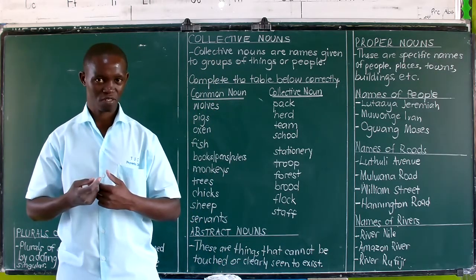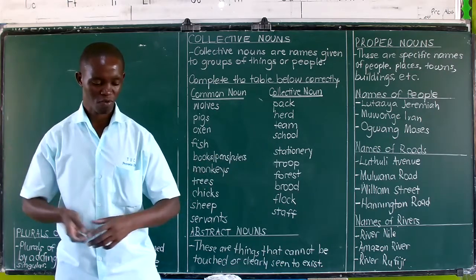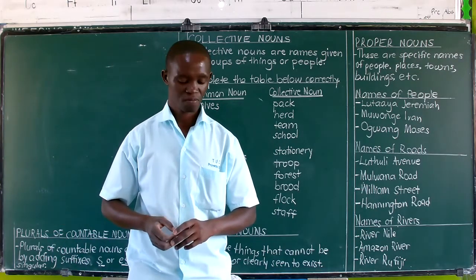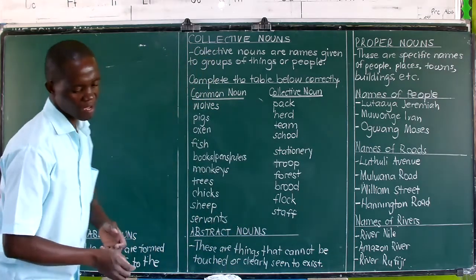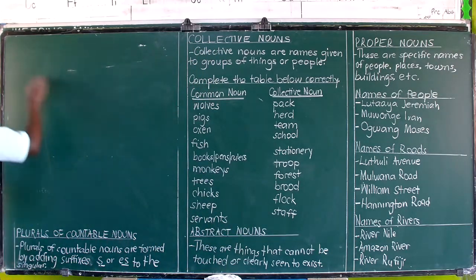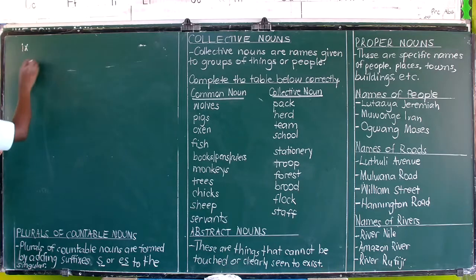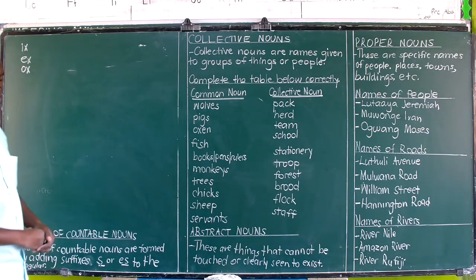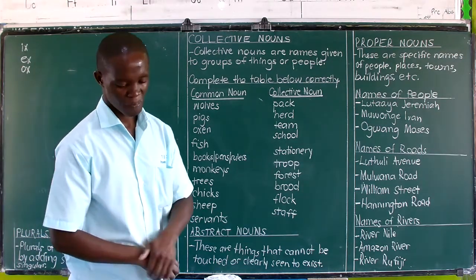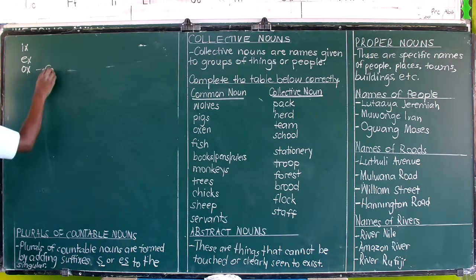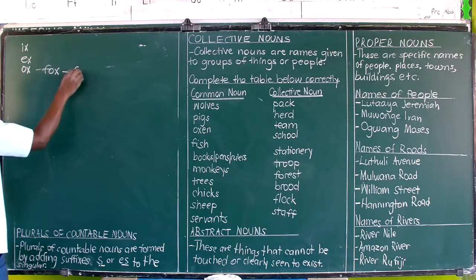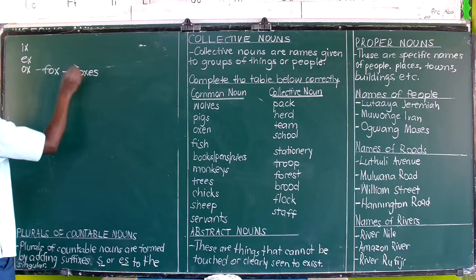You write match, you add ES to form the plural form of match, and that is matches. Others end in IX, EX, even OX. All those change to plural by simply adding ES. Talk of fox, which changes to foxes.